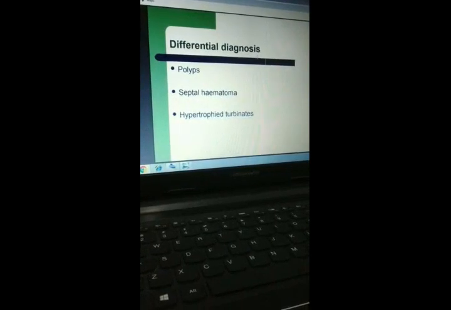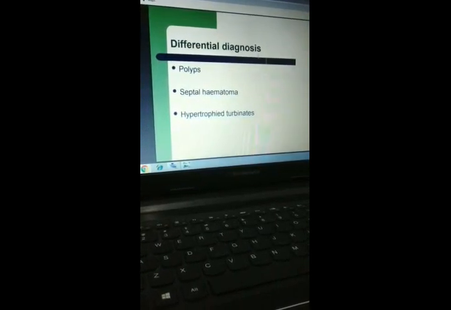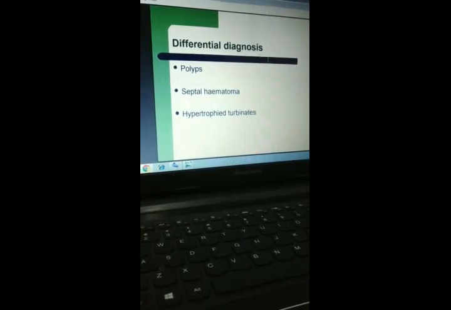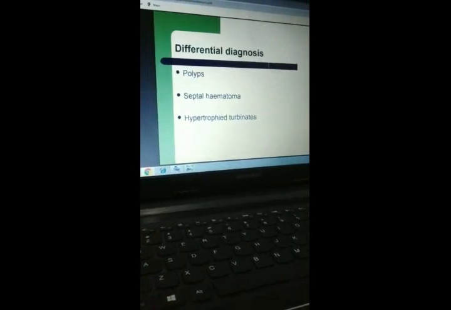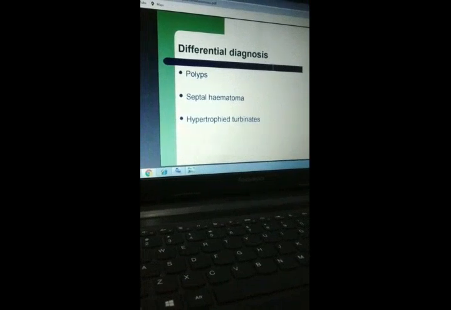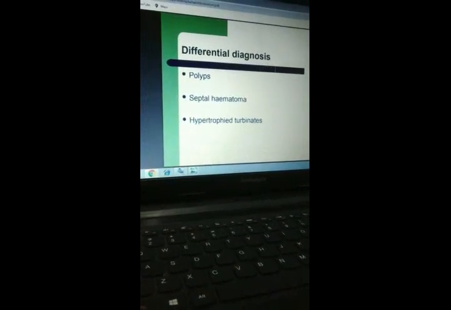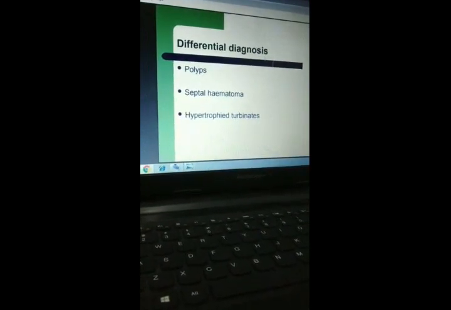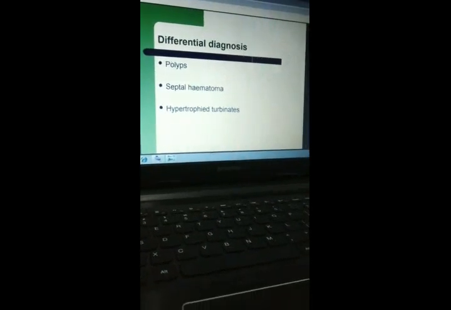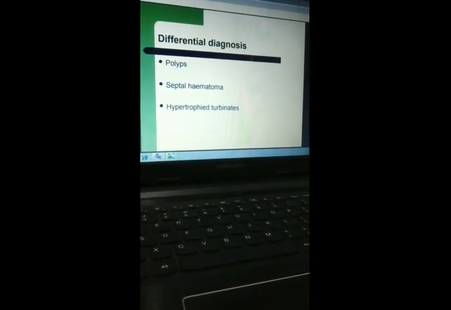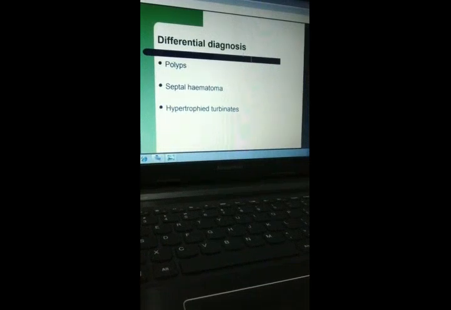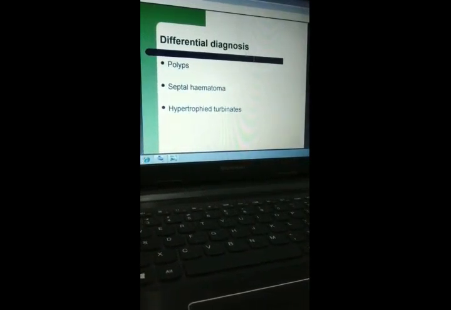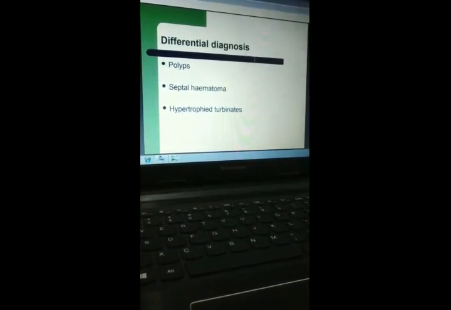On examination, by anterior rhinoscopy, we will see deviation of the nasal septum or caudal deviation, dislocation of the tip, and hypertrophy of the inferior turbinate on the other side.